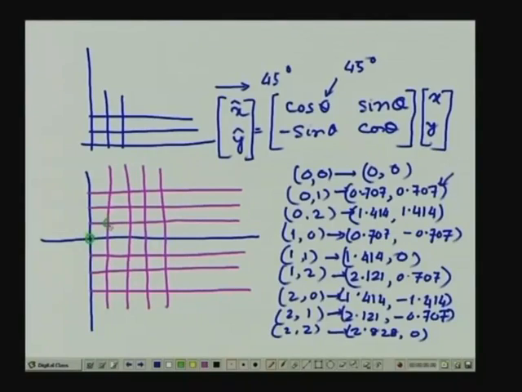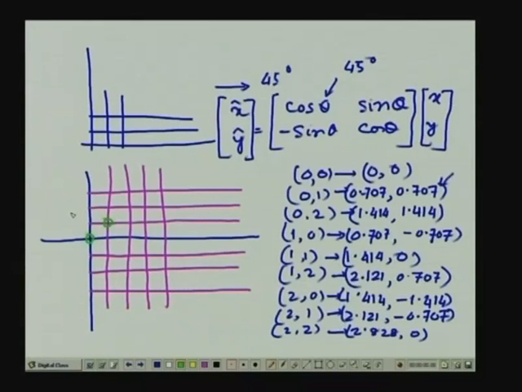So, 0.707 in the x direction and 0.707 in the y direction will be mapped to 1 1 in the transformed image. So, this 0 1 point will be mapped to location 1 1, and I get a point here. Similarly, for 0 2, the corresponding transformed location is 1.414 and 1.414.